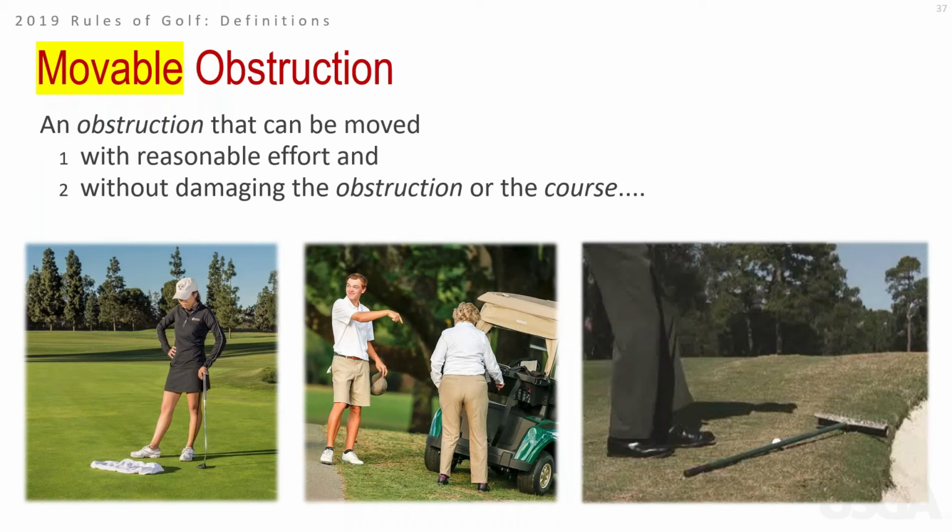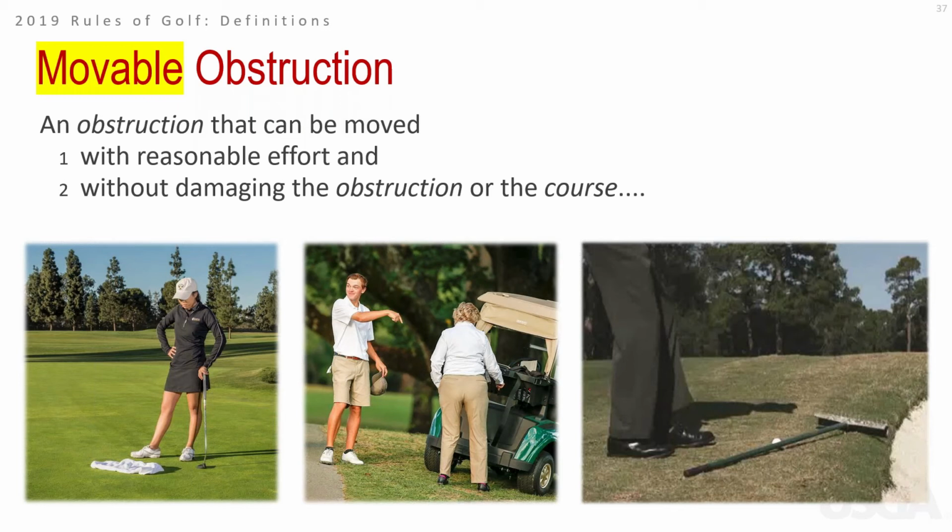So some more movable obstructions here, and really what a movable obstruction is, is an obstruction that can be moved with reasonable effort and without damaging the obstruction or the course for that matter. Some examples you have down here below.